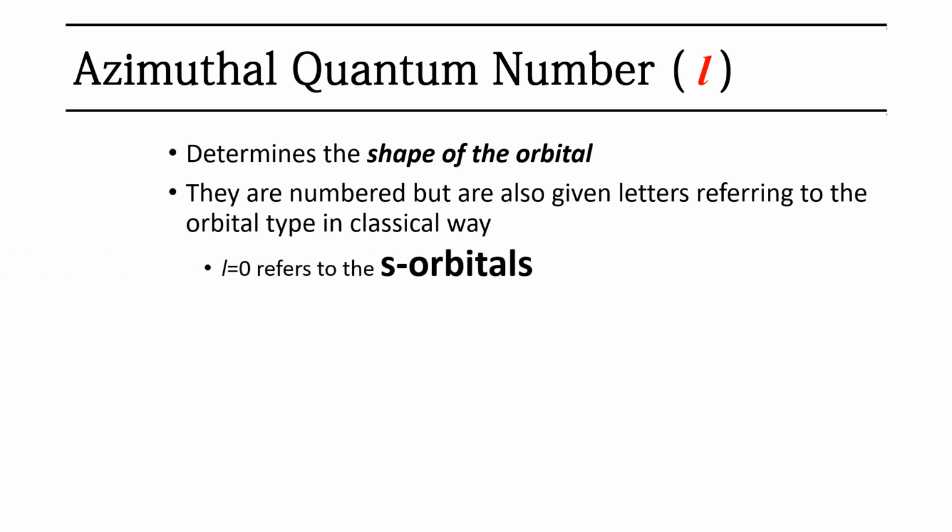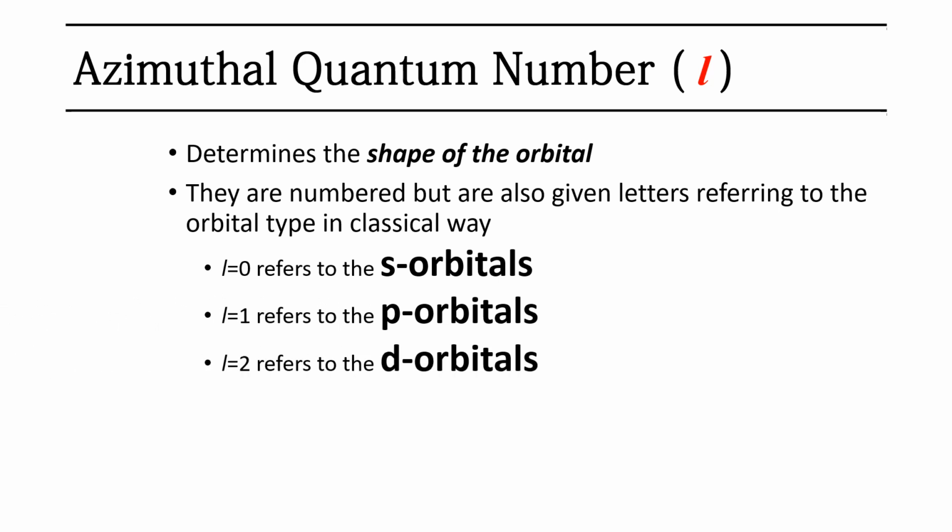For example, if L is 0, we represent s orbitals. So the letter s represents L equals 0, and for L equals 1 the letter is p, for 2 it is d, and 3 is f, and 4 is g, h, i, j, k.